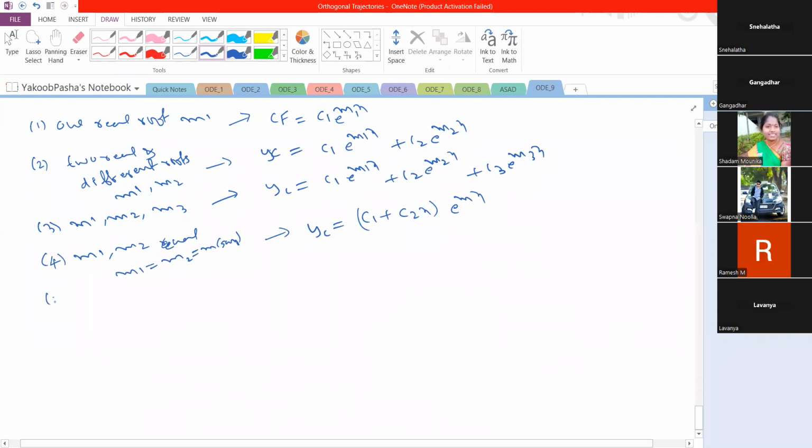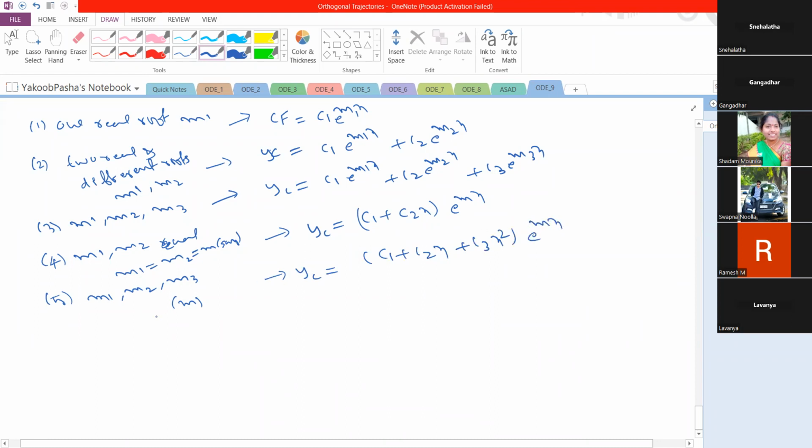If we have three repeated real roots, that is m1, m2, m3 are repeated, and the common value is m, then the complementary function yc is equal to (c1 + c2 x + c3 x²) e^(mx).